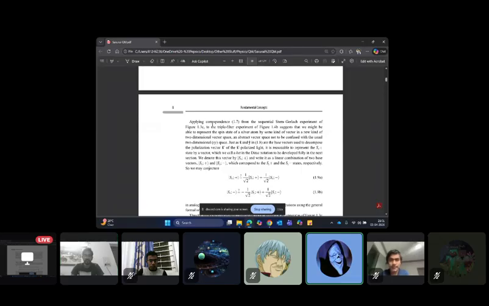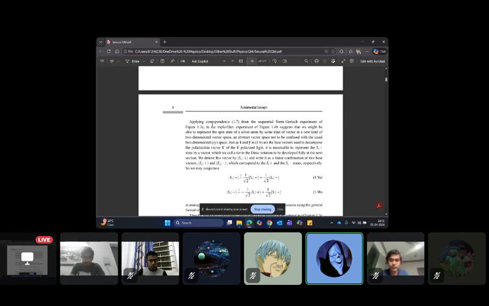Applying correspondence 1.7 from the sequential Stern-Gerlach experiment of figure 1.3c to the triple filter experiment of figure 1.4b suggests that we might be able to represent the spin state of a silver atom by some kind of vector in a new kind of two-dimensional vector space, an abstract vector space not to be confused with the usual two-dimensional xy space.